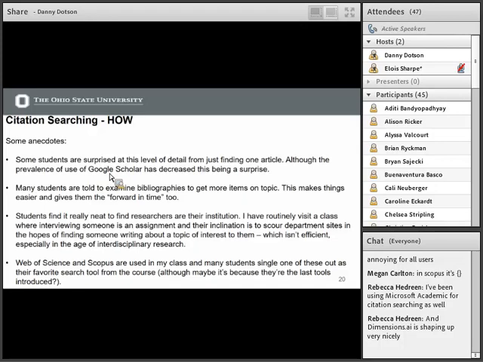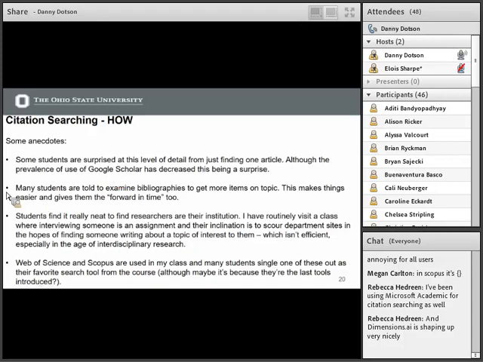A lot of students at the beginning are inclined to try to go to a specific department and find somebody that is doing research on their area. It's not the wrong way to do it, but it's a little bit cumbersome. Search your topic in one of these databases, limit to Ohio State, and find somebody who's doing research, verify they're still at OSU, but you may find they're in a different department.